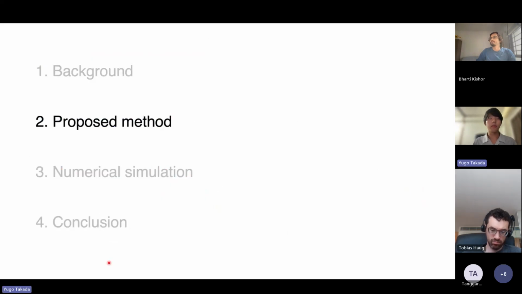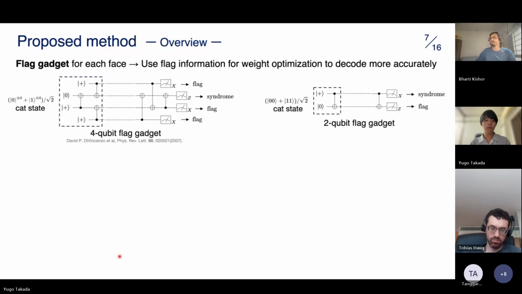Okay, from here, let's move on to the proposed method. In short, in the syndrome measurements, we use a gadget named flag gadget for each face instead of using one single ancilla qubit. Then we use flag information for weight optimization to decode more accurately.